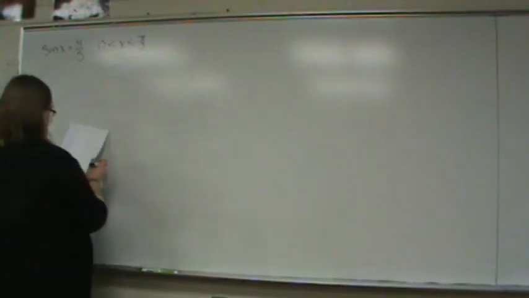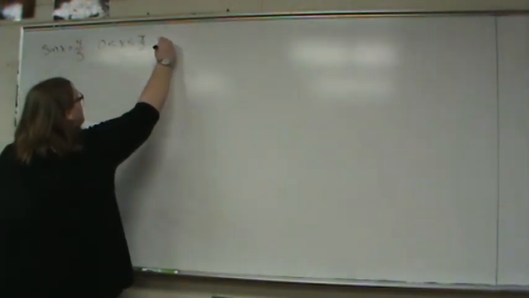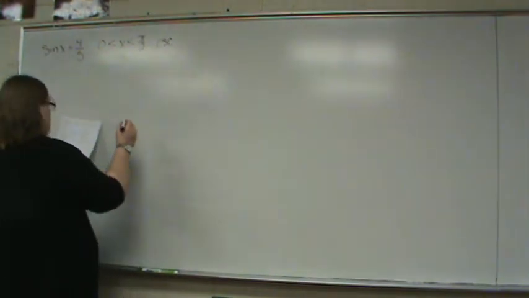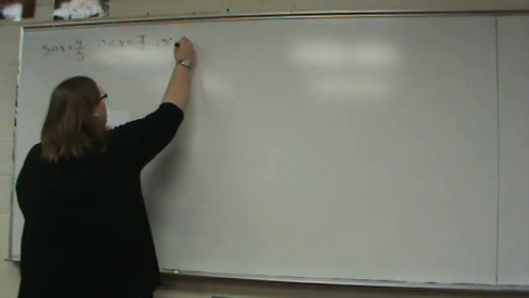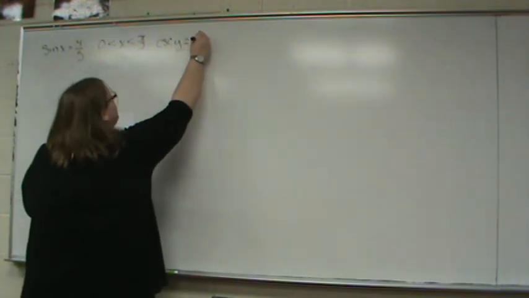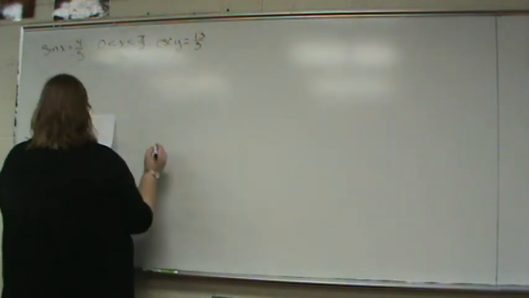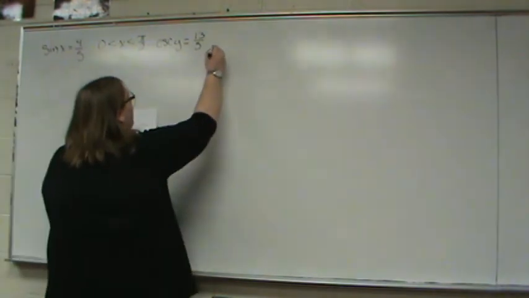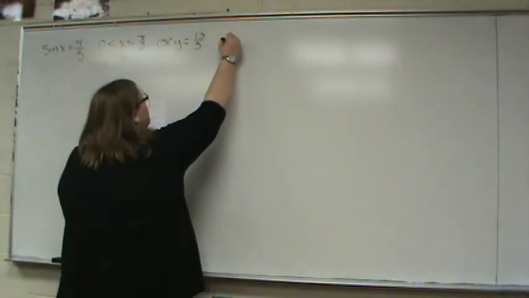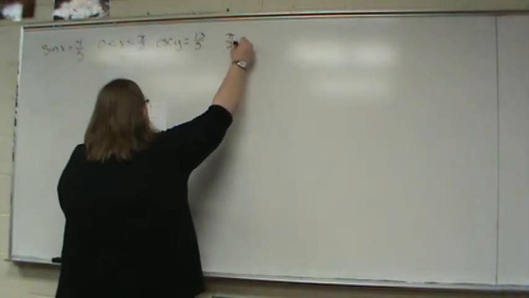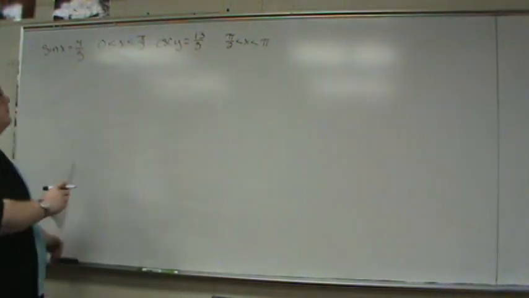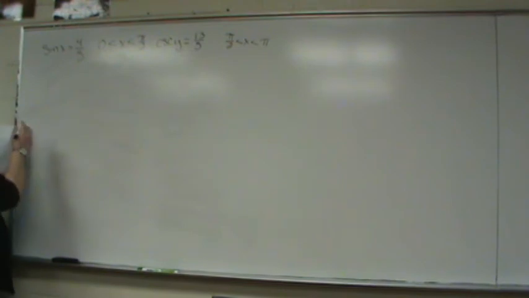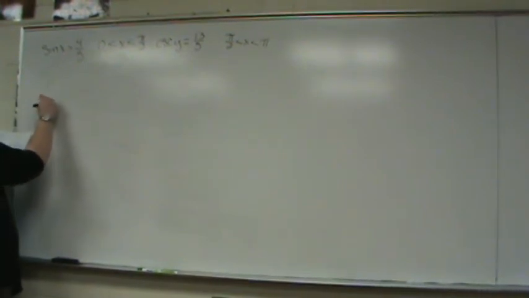And then we're given cosecant of another angle y, and that equals 13 over 5. And that y value is between pi over 2 and pi. And we're asked to find sine of x plus y.